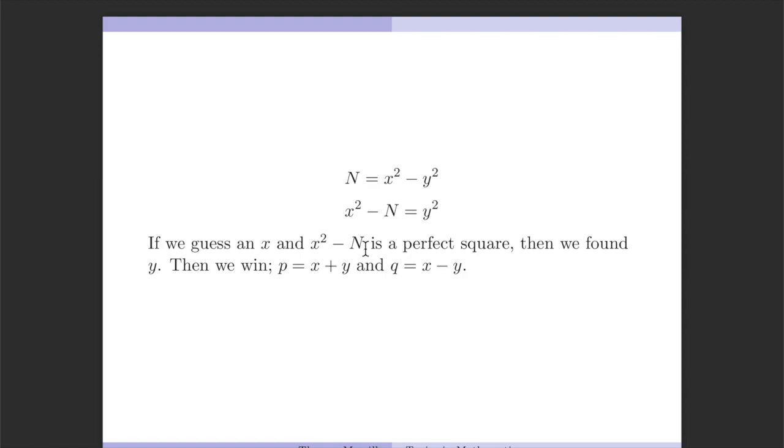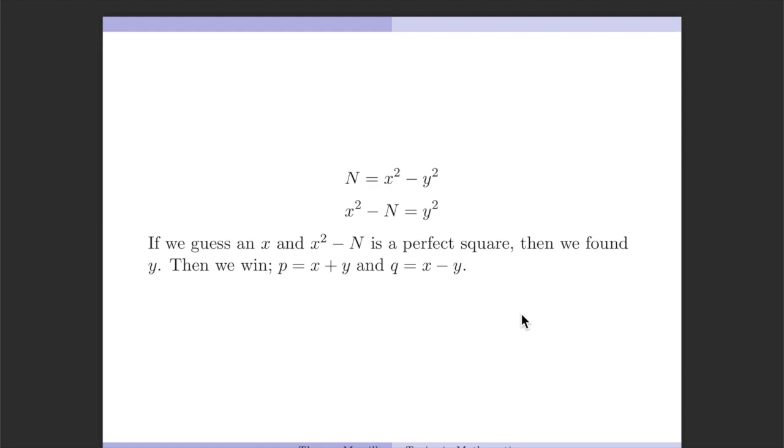If we do land on a perfect square, then that means I've got an equation just like this one. x squared is my guess, that's an integer, minus n. n came from the RSA system I'm trying to break. And now y has also got to be an integer. So we've got a solution for x and y, and then we win. p is just going to be x plus y, q is going to be x minus y.